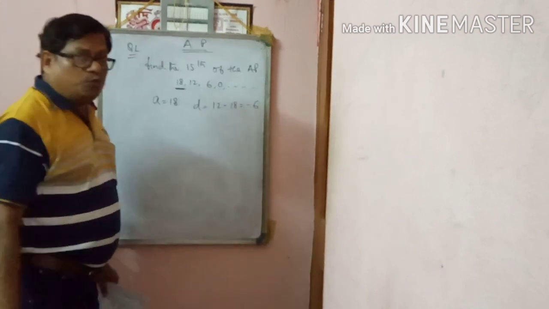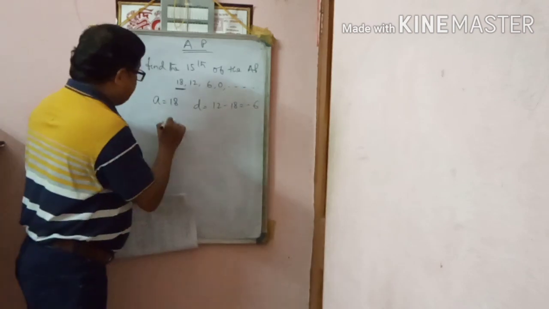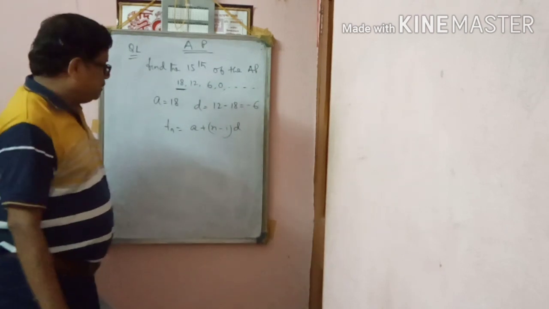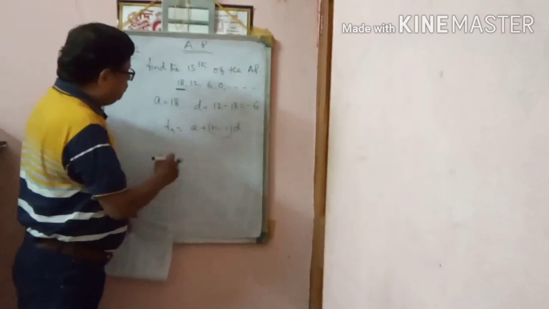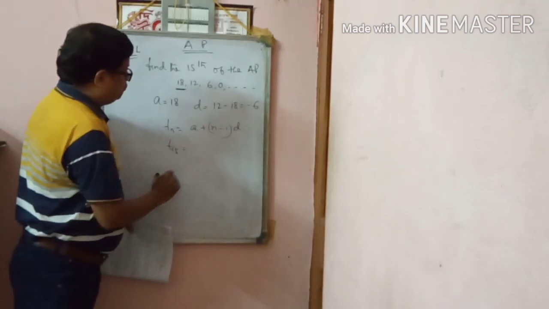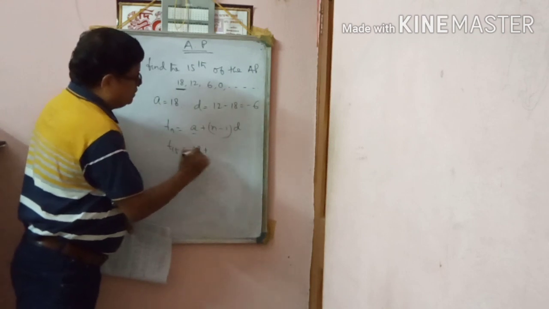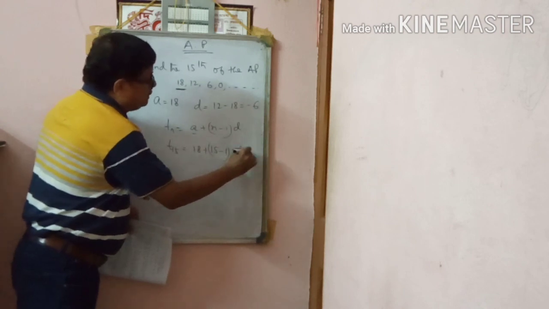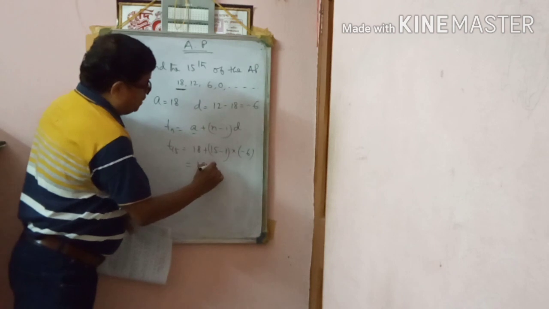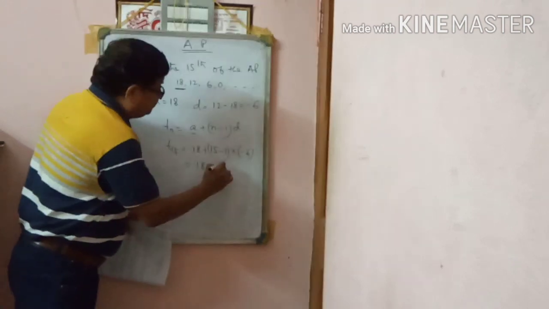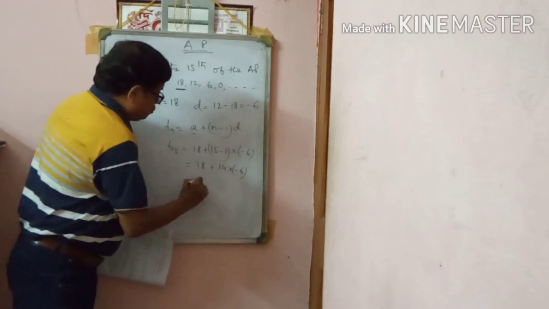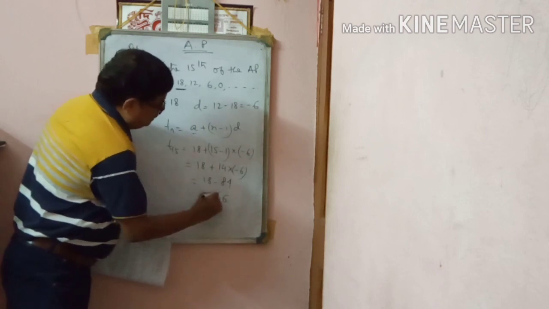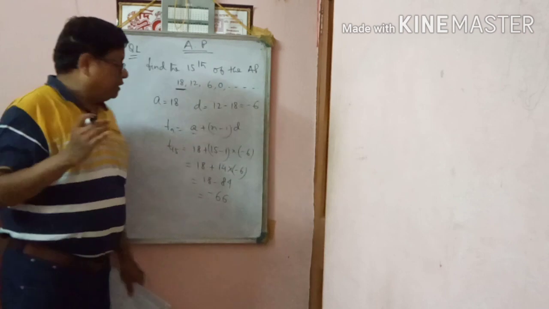All of you know the formula Tn equals A plus n minus 1 into D. Just put the values. T15 equals 18 plus 15 minus 1, 14, into minus 6. So 18 minus 84, that is minus 66.